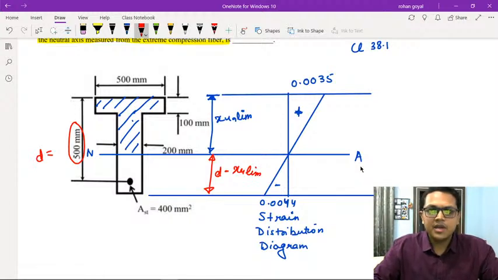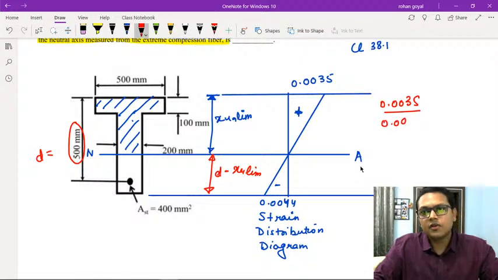Comparing these two, 0.0035 divided by 0.0044 will be equal to XU limiting divided by D minus XU limiting.